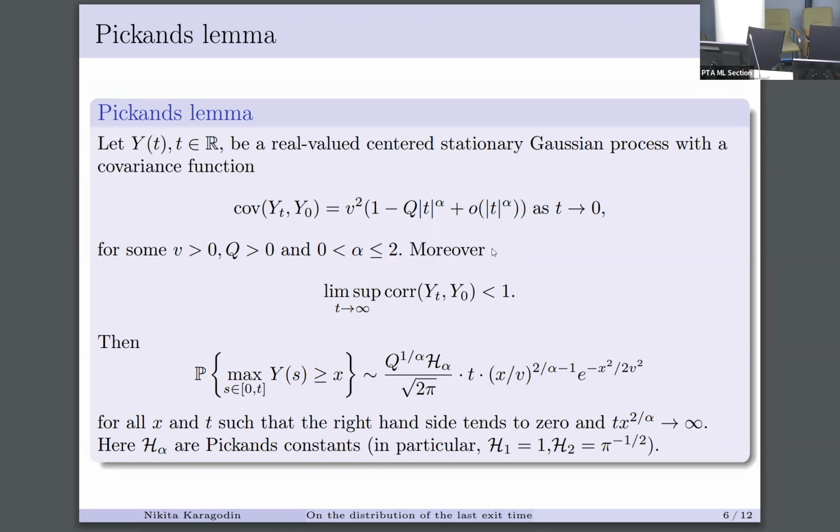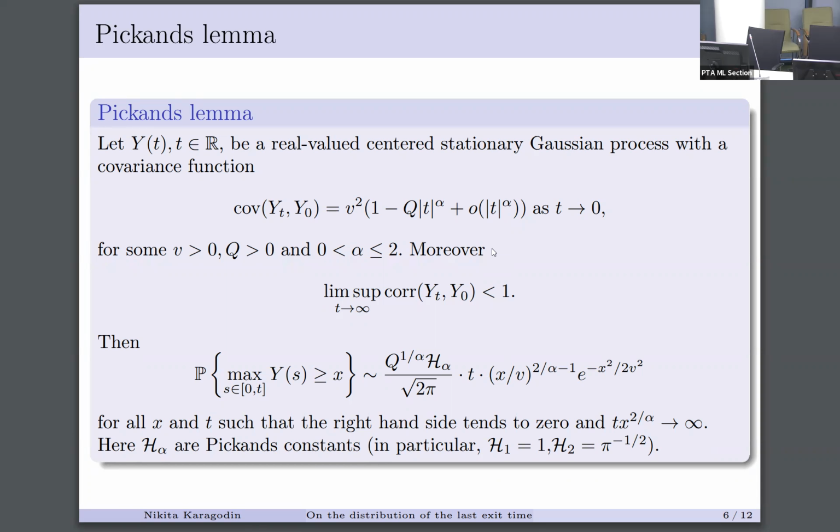You have your process somewhere here, and we have our boundary, which I'll draw as a linear function, and you can approximate this function not by a linear one, but by stairs.